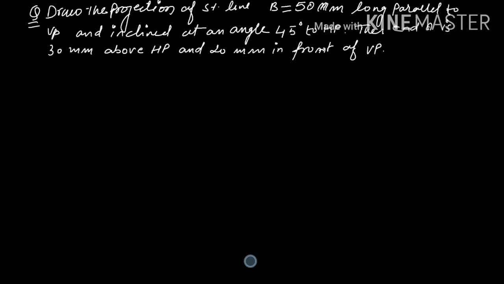Okay students, now a question is given on the basis of the case that we have done. We have to draw the projection of a straight line AB whose length is given as 50 mm.